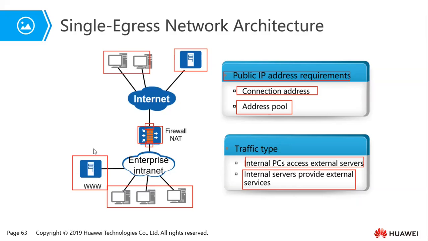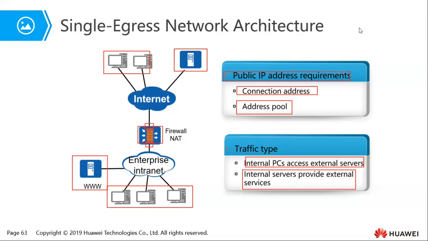So for that purpose, most of the time we use a static public IP address for the server. And you remember that type of NATing, I think we called it, was it server network port address translation or something. So those are the requirements of this kind of architecture.